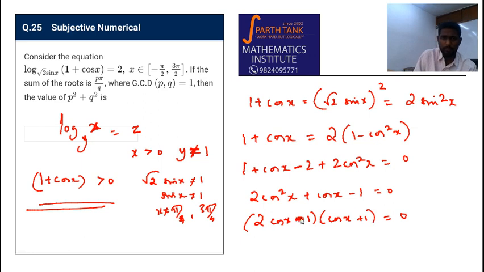It will be like this: 2 cos x minus 1 into cos x plus 1 is 0. Okay. Now this, we already know 1 plus cos x is greater than 0.